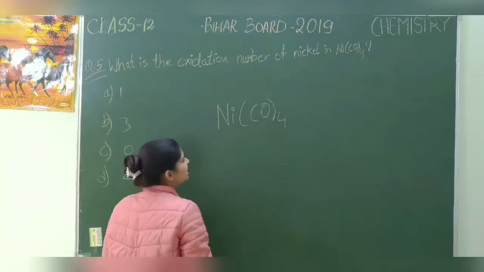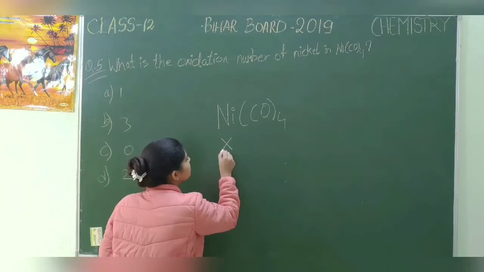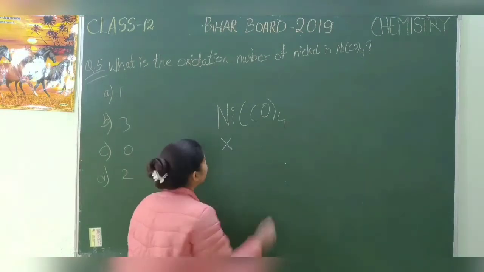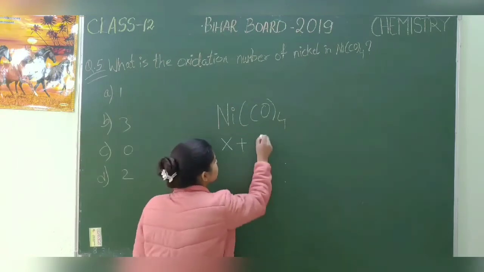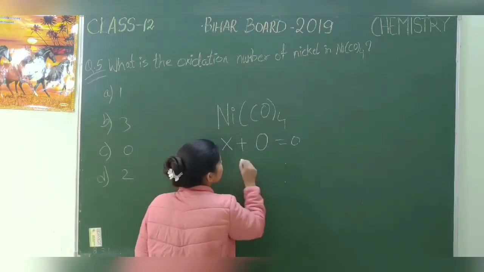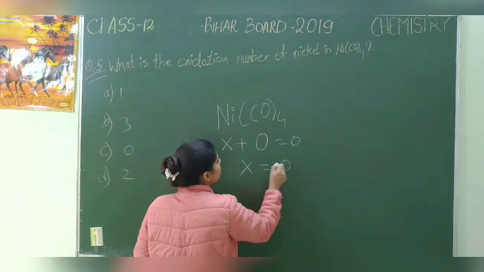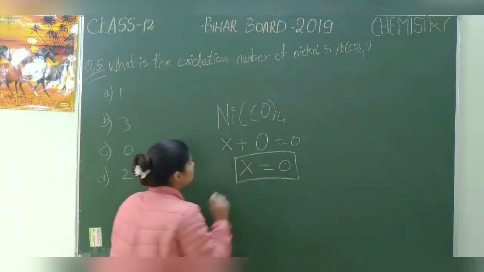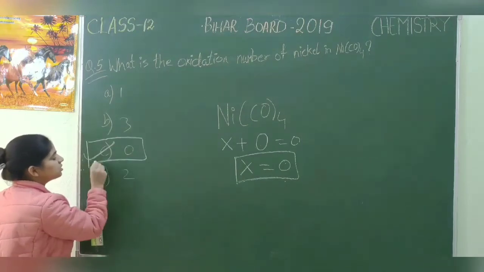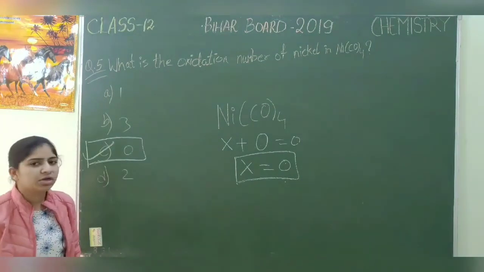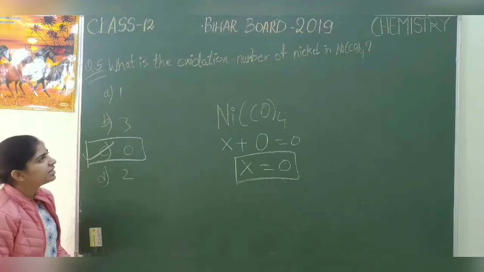Let us take x as the oxidation number of nickel and the oxidation number for CO is 0. So we get oxidation number of nickel is also 0. So our option C is correct.